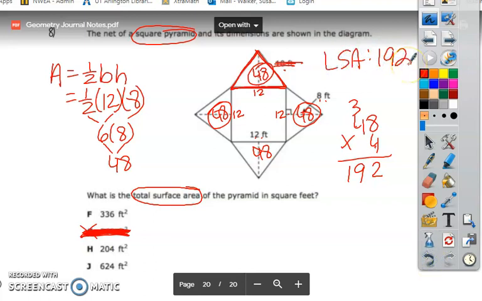Sorry for all the mistakes today, guys. It happens. Now I need a number here, in the middle, right? Because I haven't accounted for my square. So A equals BH. Base times height. It's a square. It's the same. 12 times 12. Now, if you know your multiplication facts, you know what this is.